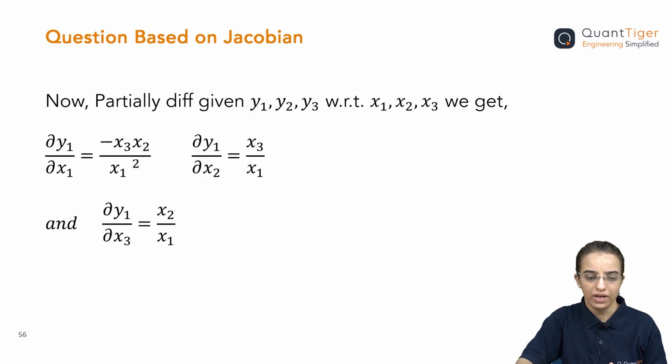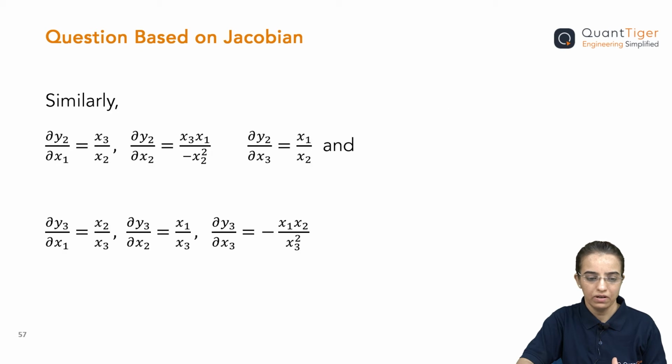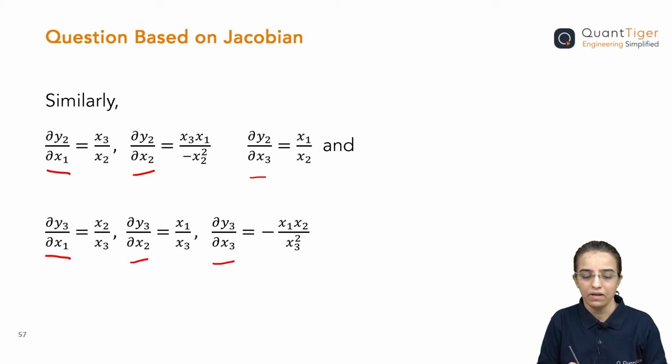So this is how we can get the different values for the partial differentiation of each of these things. This is for y2, and here I have differentiated y2 with respect to x1, x2 and x3. Here y3 I have differentiated with respect to x1, x2 and x3 by using partial differentiation rules.